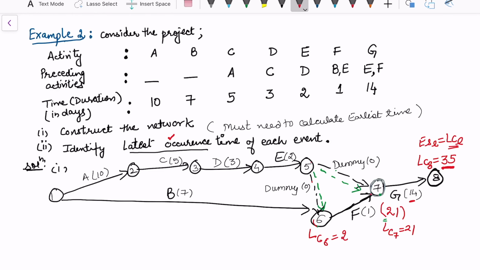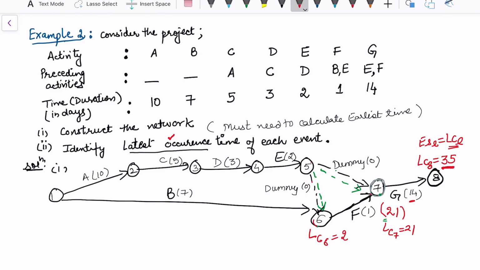Once I know LC6 and LC7, I can calculate this at the 5th node. Latest completion at the 5th node: it is generating these two dummy events. So 21 minus 0 and 20 minus 0, the least is 20. So I'm going to write 20. Why not 21?